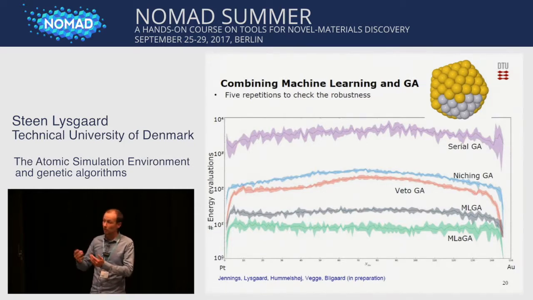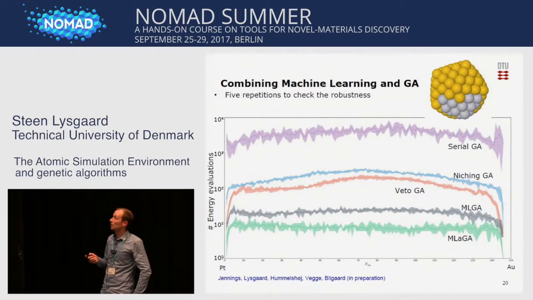We use some machine learning to predict if that is going to be included in the population, and if not, then we don't bother doing the expensive energy evaluation. So if we do that, then we're able to get further down.